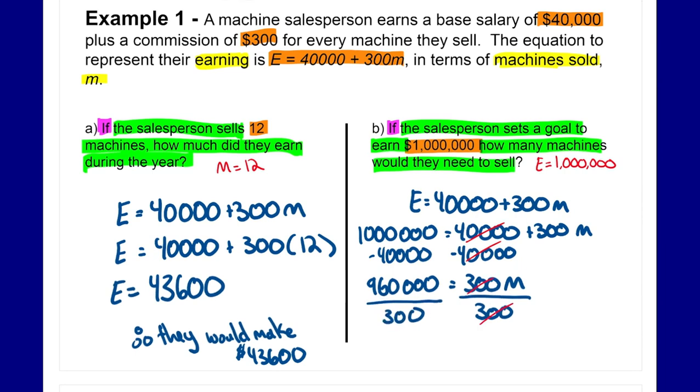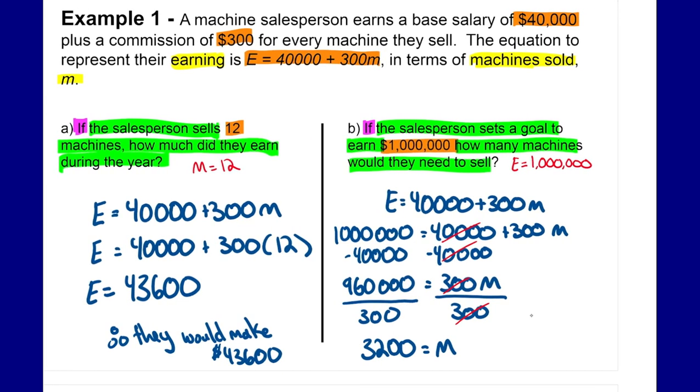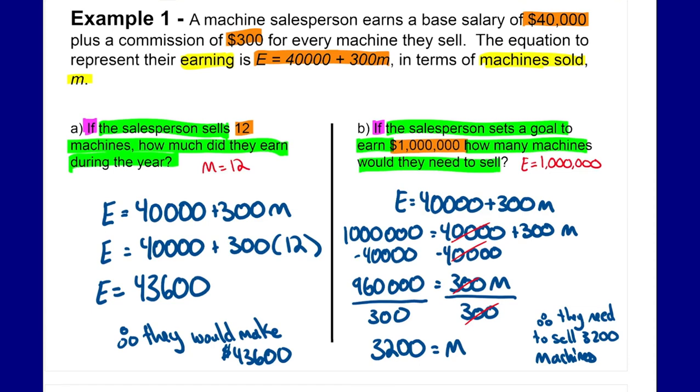One side cancels out. And I'm left with 3,200 equals M. So that tells me, therefore, they need to sell 3,200 machines.